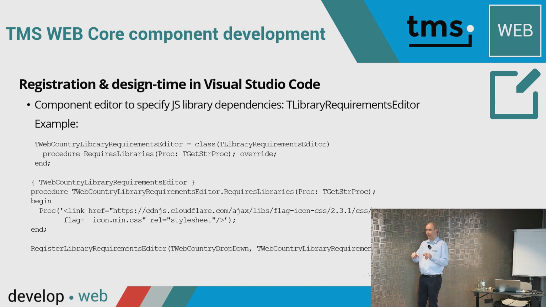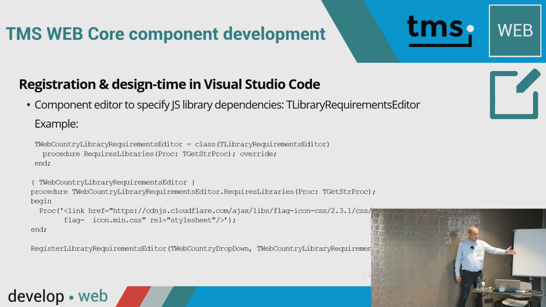And that same trick to insert automatically references to existing JavaScript or CSS files is possible, but here in Visual Studio Code you would do that via a custom editor that you register. In this case, the library requirements editor, where you override the requires libraries method. And here in this method you call proc with the links that you want to insert for specific controls.